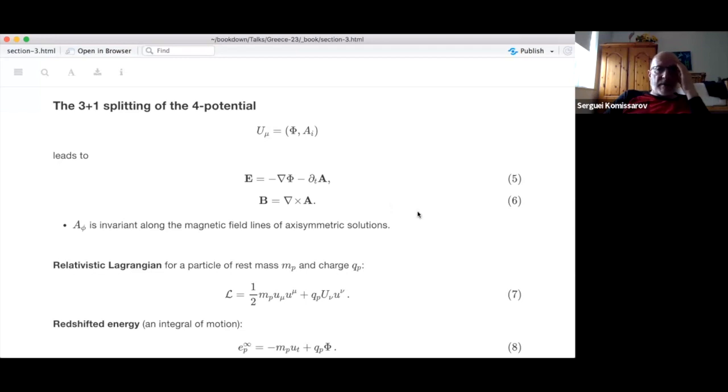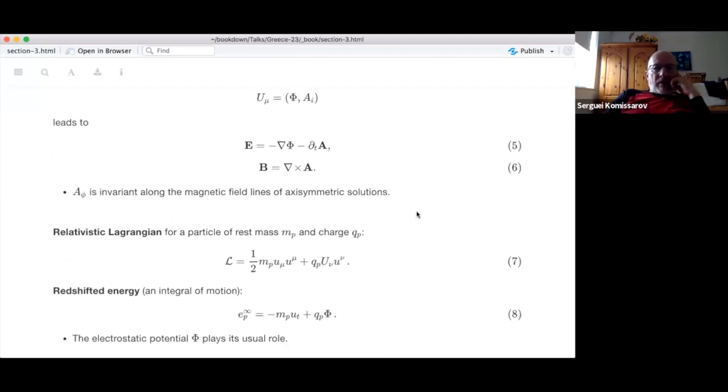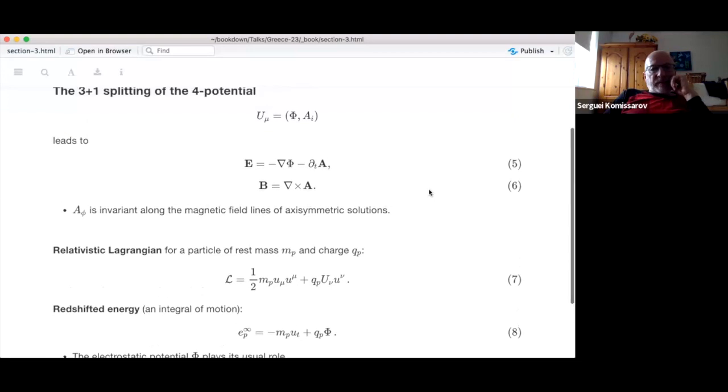It is exactly the same as in Minkowski space. It's important that the phi component of the vector potential, based on this equation, is invariant along the magnetic field lines in the case of axisymmetric solution. Right? And we will use this fact in order to plot the magnetic field lines. They will be just the contours of the phi component of the vector potential.